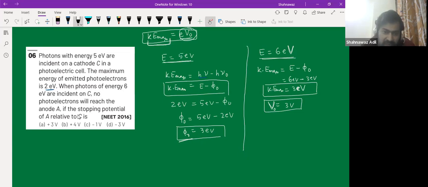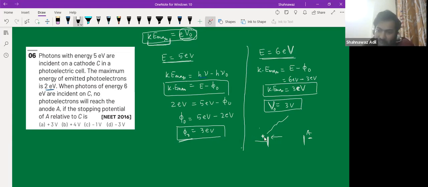So this would be the stopping potential. But the stopping potential of A relative to C, so we have to apply the negative potential to stop that current, right? Because the photons are incident on this C part, and this is your A. If this is positive and this is negative, then the electron will be attracted, because electron is a negative charge.